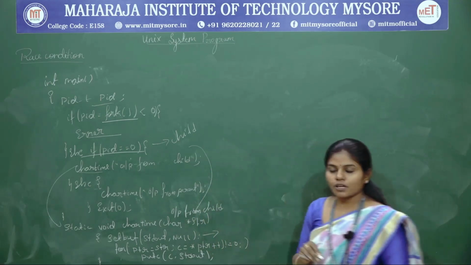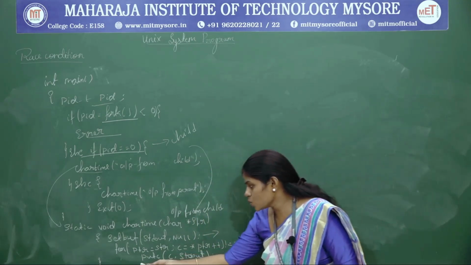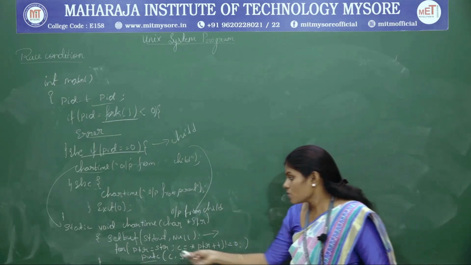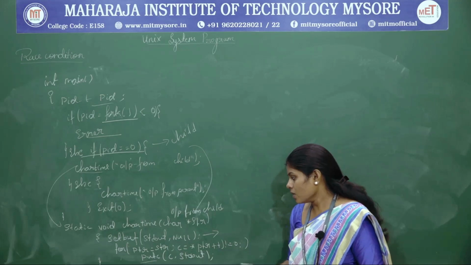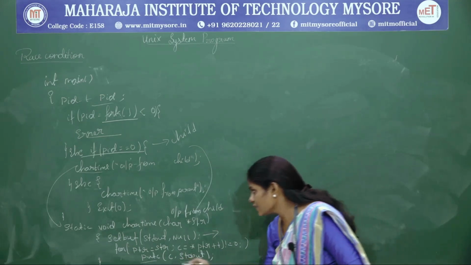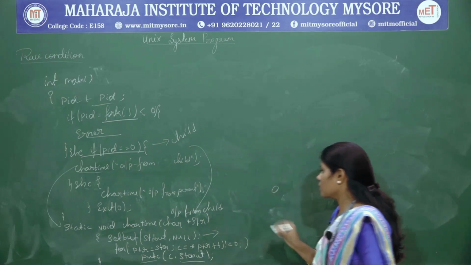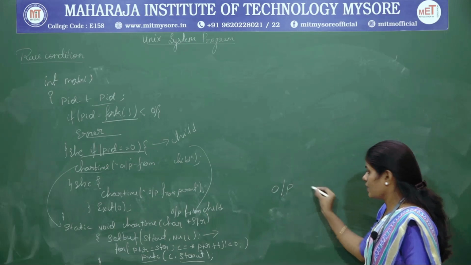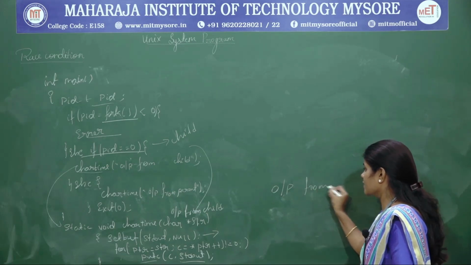Now after that I am going to make use of the putc function. It is going to put character by character to which one? To the standard output. So first it is going to display O, next after that U, T, P, U, T, then "from child", right?